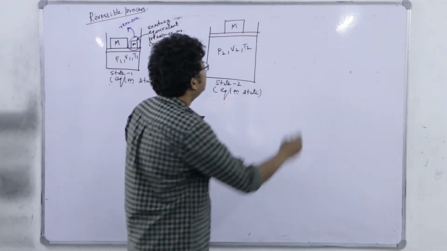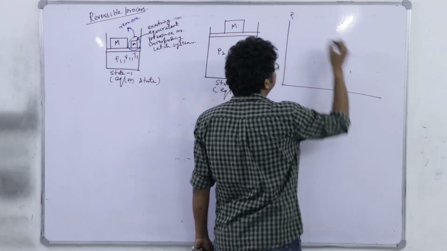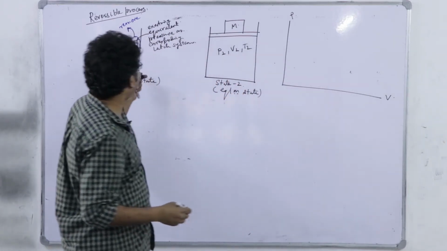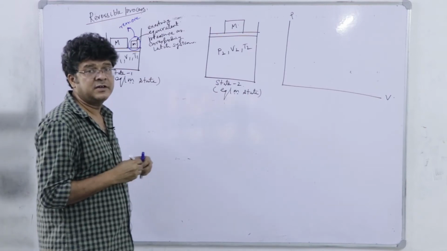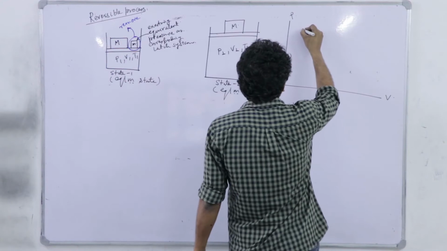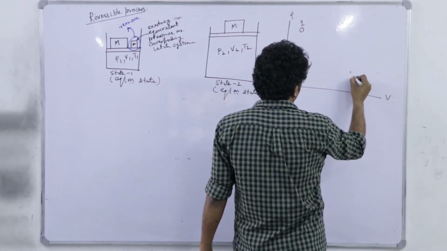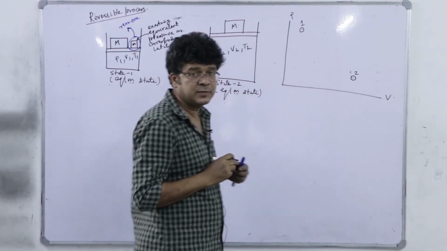So, if I want to draw the process curve, we will measurably fail, because this process is so fast that we cannot trace the intermediate pressure and temperature. So, what can we do? In the phase space we can simply write state 1 and identify state 2, because only at these 2 points can we take the measurements.